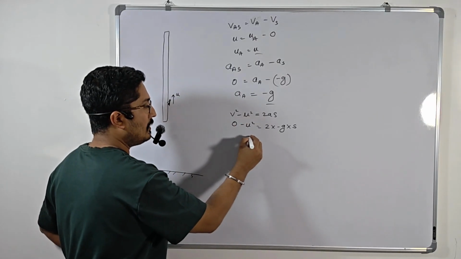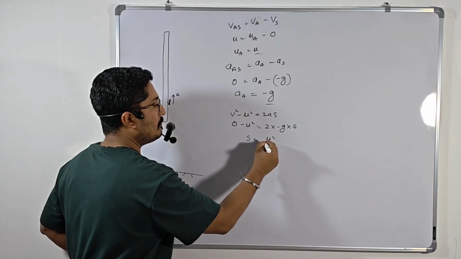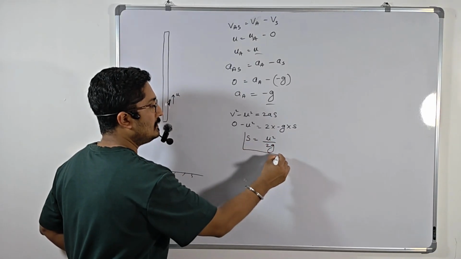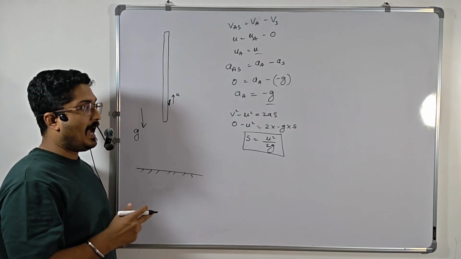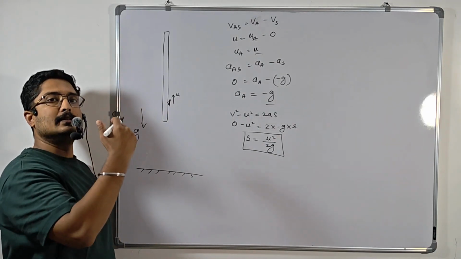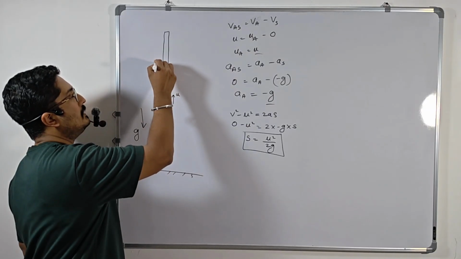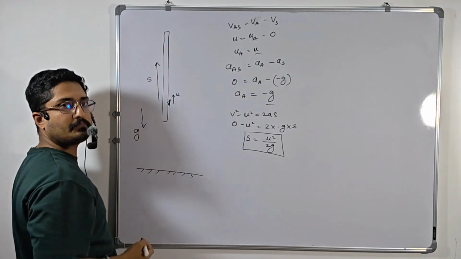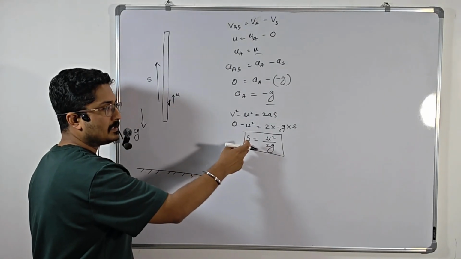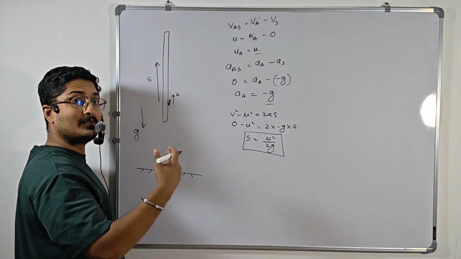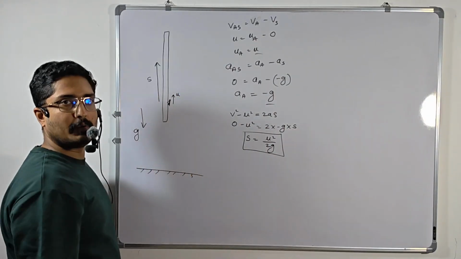So s is equal to u square by 2g. This is the displacement covered by the ant when it has reached the maximum height from the initial position. Remember, this displacement is with respect to ground, as everything is with respect to ground.